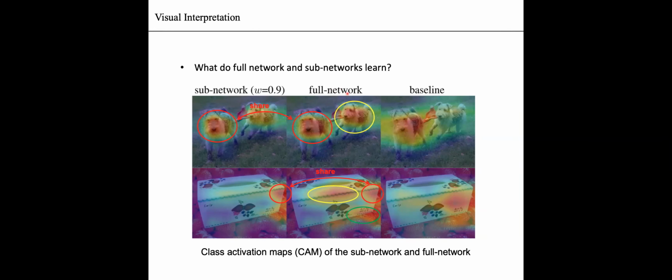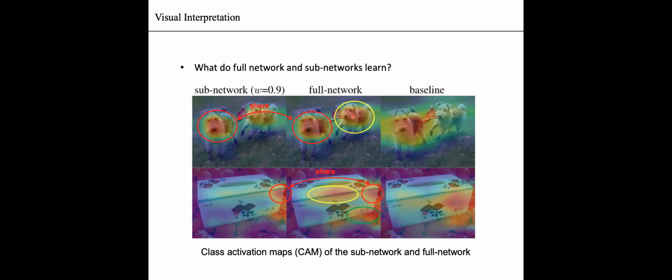But because the full network also has 10 additional % of the weights compared to the subnetworks, right? It can leverage that to learn additional content that is helpful to determine the image containing the dog. So that's why you'll see this yellow circle region, right?